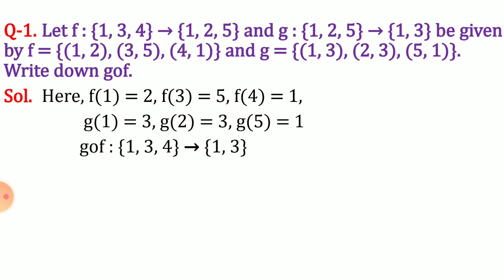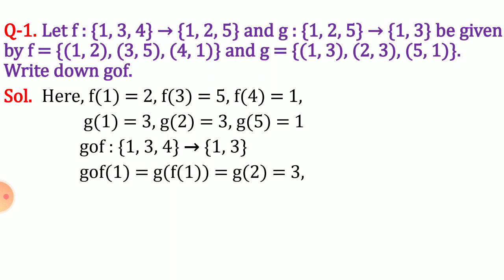So g composition f maps {1, 3, 4} to {1, 3}. So (g∘f)(1) = g(f(1)), but here f(1) = 2, so substitute: g(2). But g(2) = 3, that means (g∘f)(1) = 3.